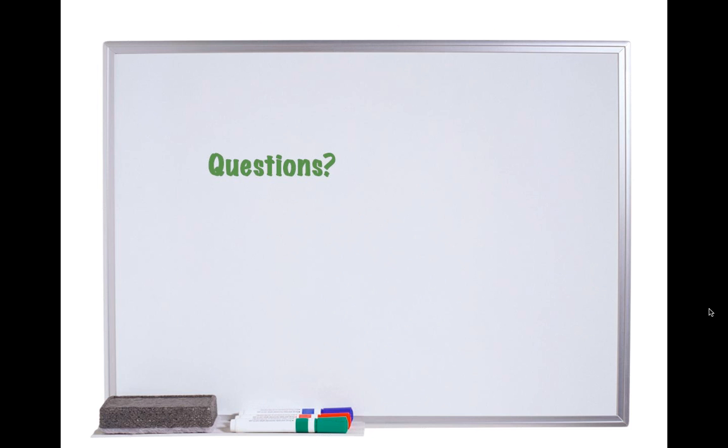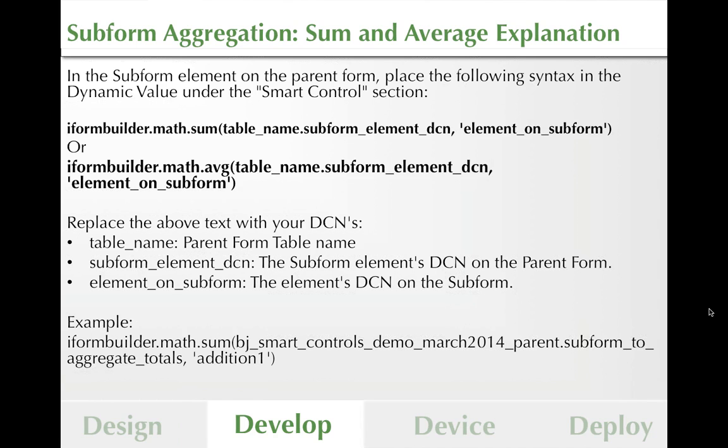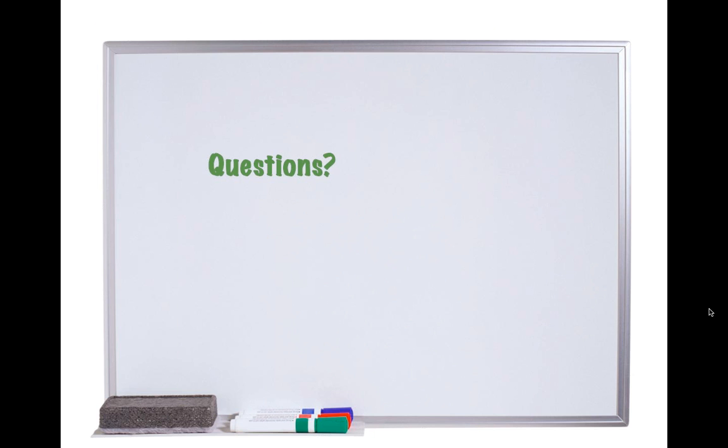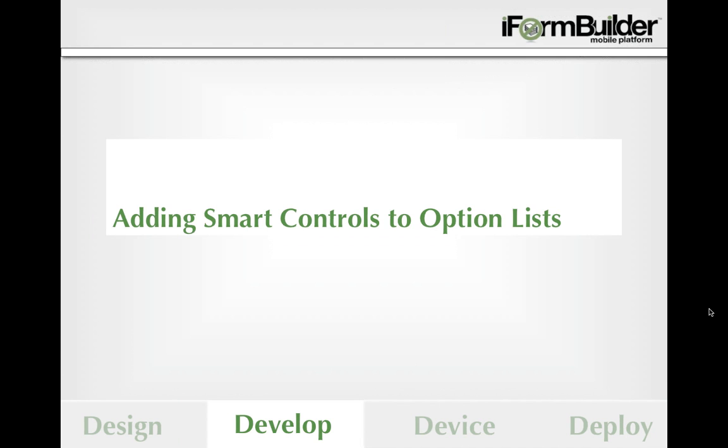So here we have our subform aggregation, and this is taken from the example that I just showed you today. So within the dynamic value in the parent form, where I had the subform aggregation totals, I would use this code or this setup to display that aggregated total.